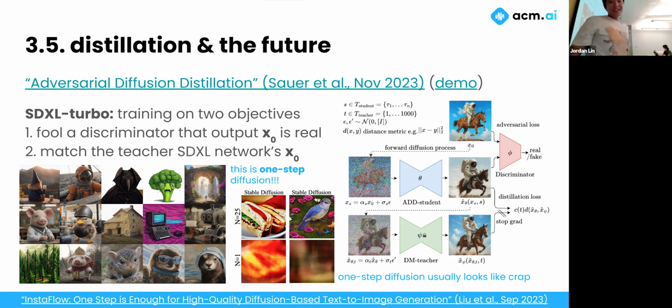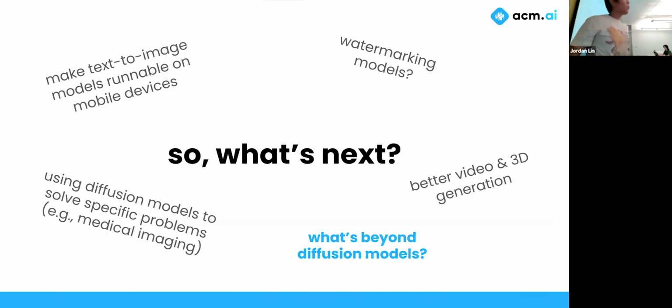Okay. So, what's next? We've looked at a lot of papers today, a lot of papers, and there's a lot of things yet to be done in this field of research. Obviously, there's a very big field of research right now, which is making text-to-image models actually runnable on mobile devices, because on our phones, we have very limited VRAM and very limited processing power.